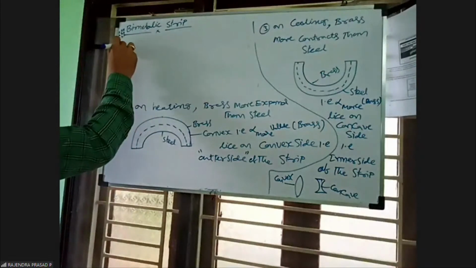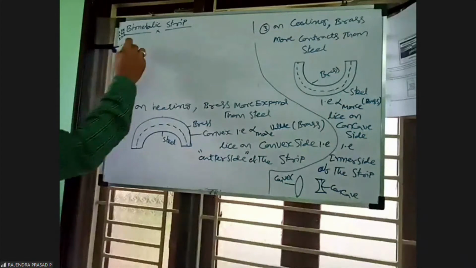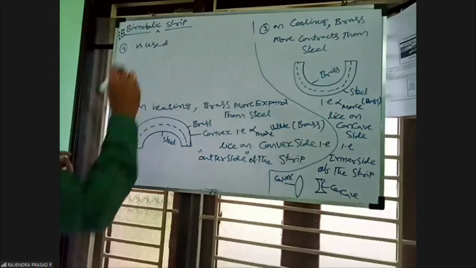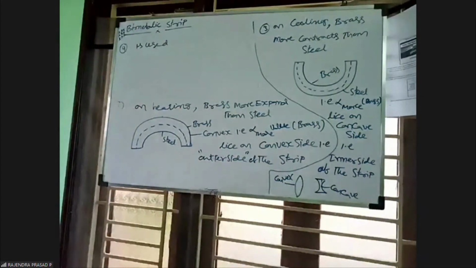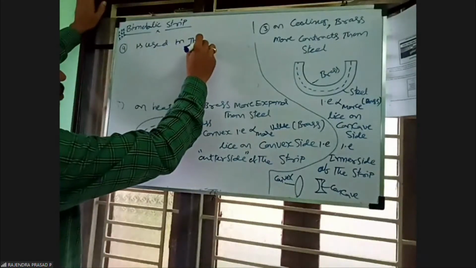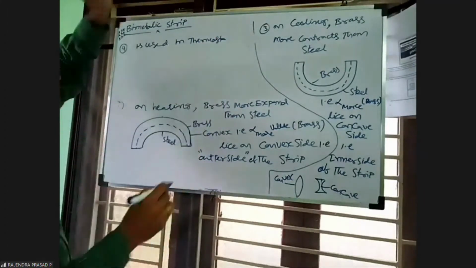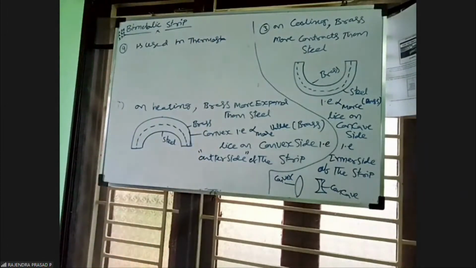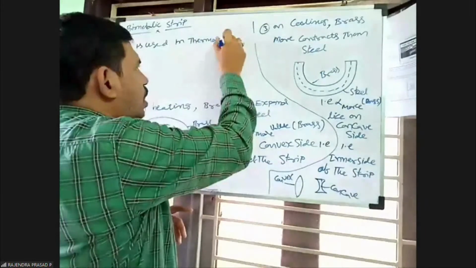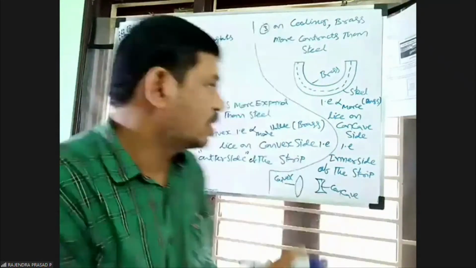Fourth one, bimetallic strip is used in thermostats. Thermostats means automatic switches. For example, this is a bimetallic strip.